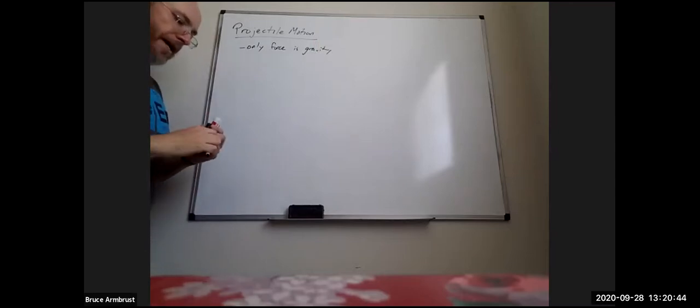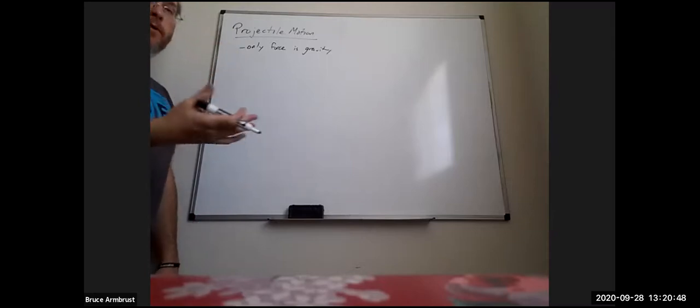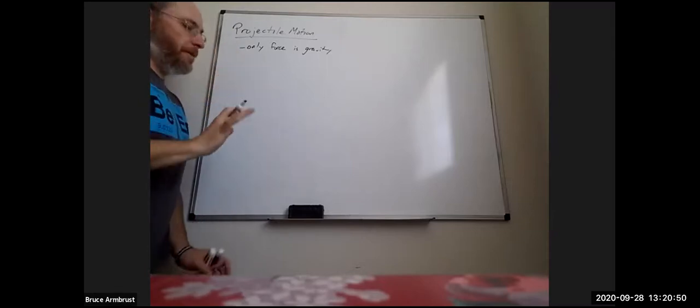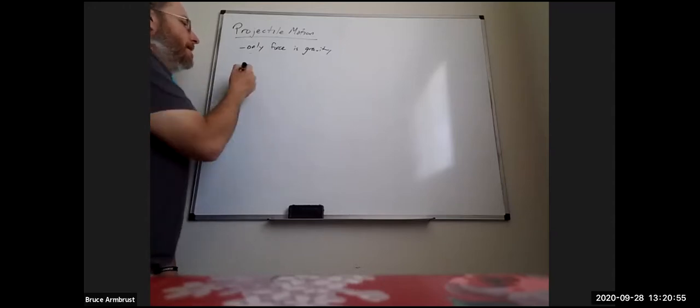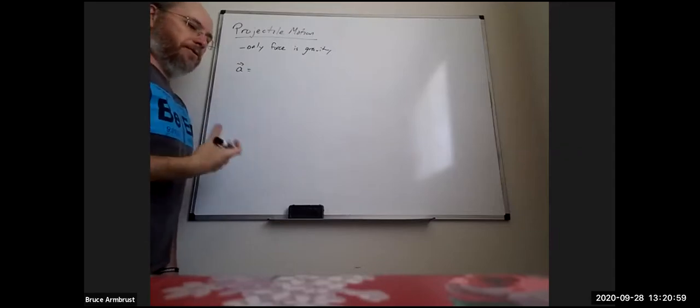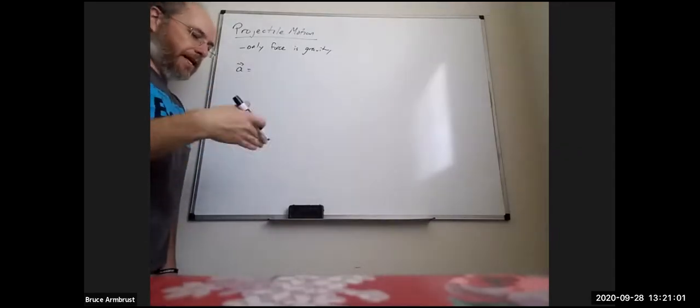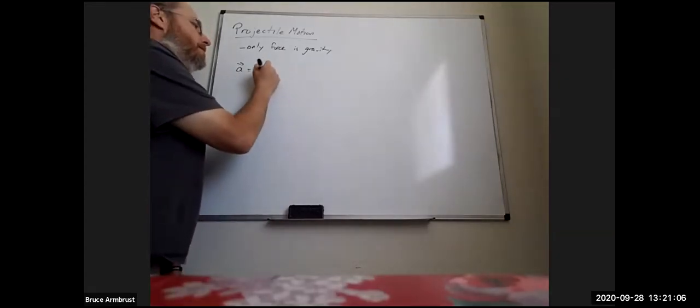Now, again, I don't know how much you guys know about physics. Some of you I know more than others, but let me just sort of back up and say, if we're going to be looking at only gravity, the acceleration vector is going to be pointing only in the negative y direction or the negative z direction. But we're going to assume that this is two-dimensional.